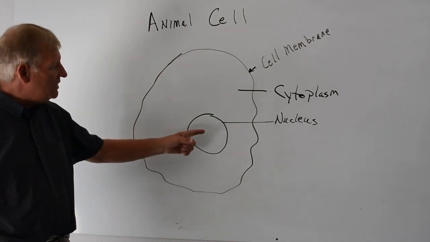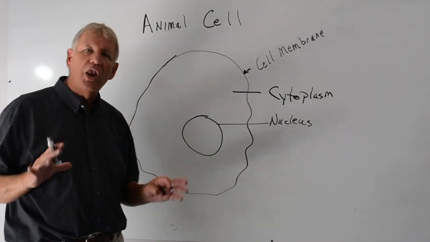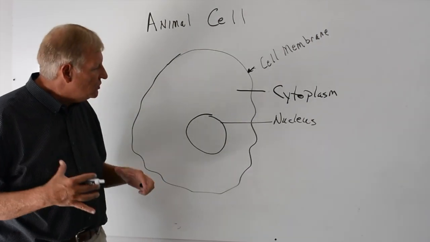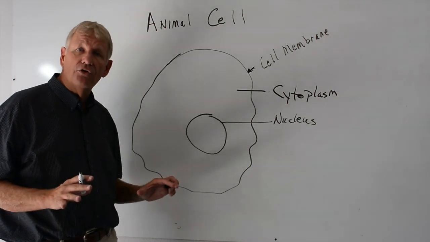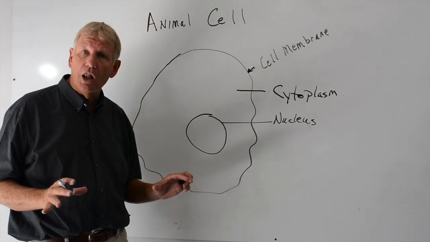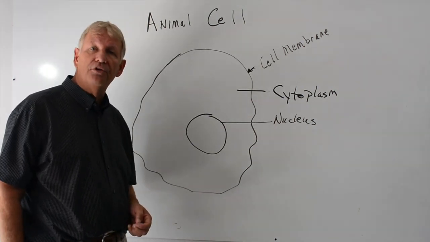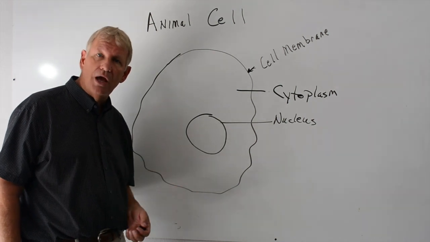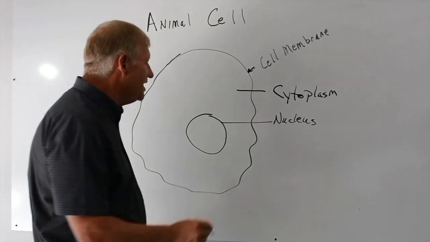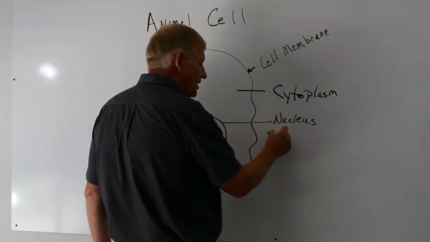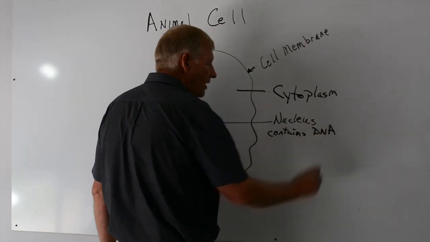In this case, there's a lot of things about the nucleus, and as you take other classes, there's even a class called cell biology that I had to take as a biology major. That spent a whole semester studying nothing but the cell. Isn't that wild? But the main thing about the nucleus is that it contains the DNA. So that's what we need to know about the nucleus.